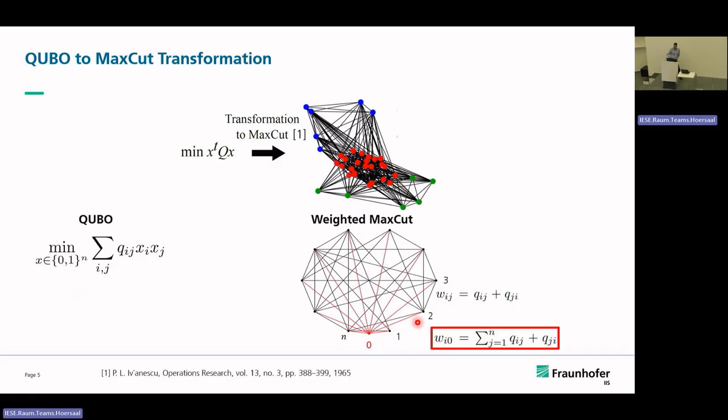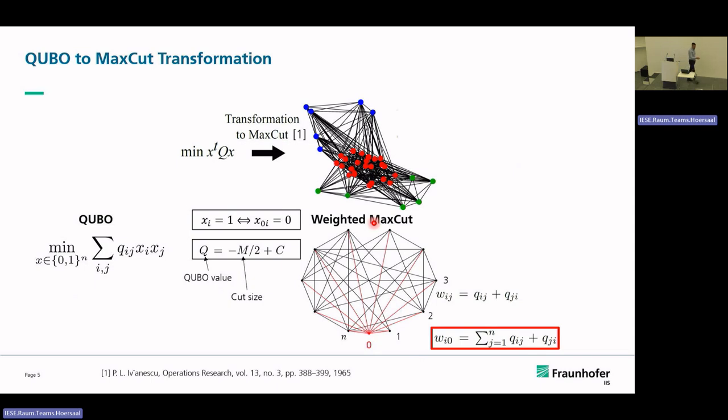And the point is, if you take this transformation, the QUBO variable x_i takes the value 1 if and only if the corresponding edge is cut in the weighted max cut instance. And if you do the math, it turns out that this is a linear transformation, okay?